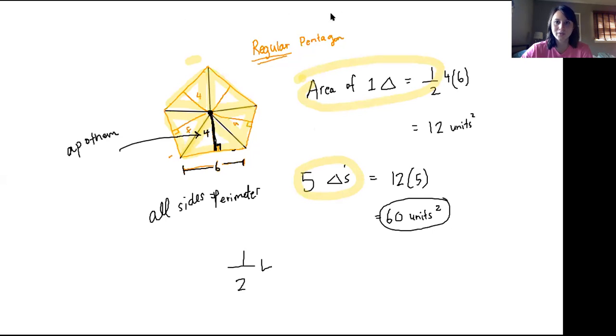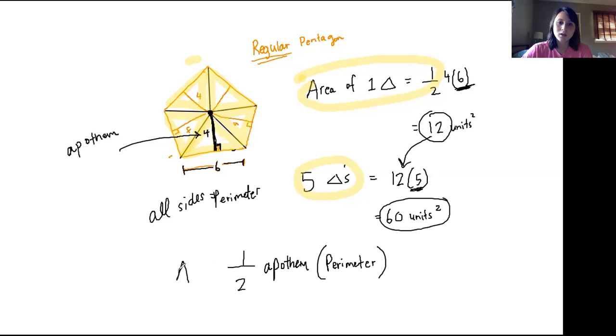So 4 would be the apothem. 1/2 times the apothem, and then times 6, then whatever this is times 5. So really I'm doing 6 times 5. That's the perimeter. So 1/2 times the apothem times the perimeter gets me the entire area of the shape, okay?